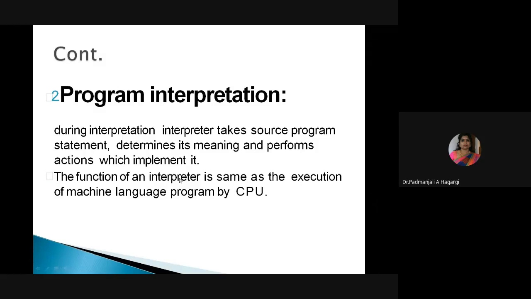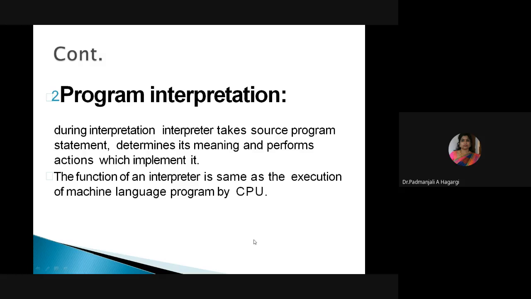The function of an interpreter is the same as the execution of the machine language program by the CPU.